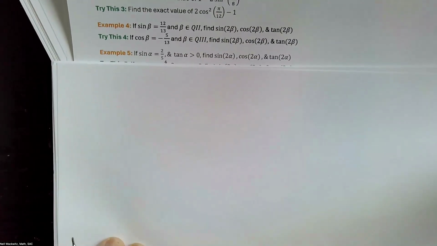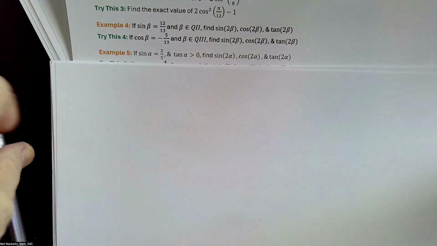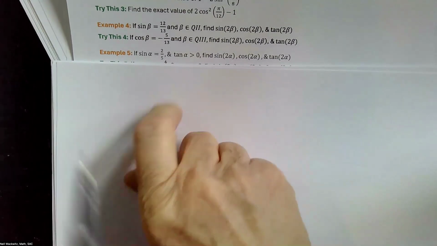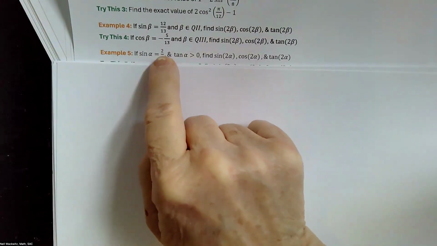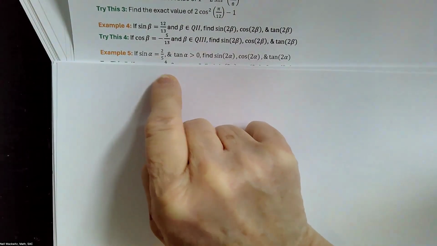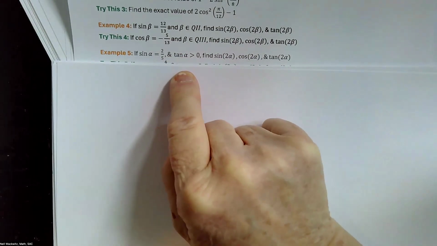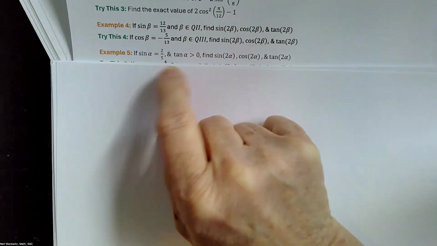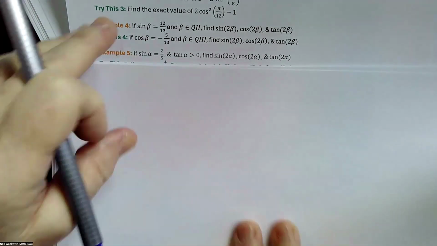I think I do want to do this one other example. So if we have that the sine of alpha is 2/5 and that the tangent of alpha is positive. First of all, which quadrant is alpha in?